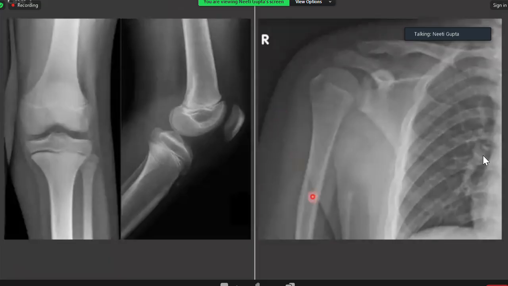Now here are two case scenarios, case number 1 and 2, with complaints of knee and shoulder pain respectively. Which do you think is normal? Which do you think is abnormal, or are both abnormal? What do you think? Which case is normal, which is pathological?